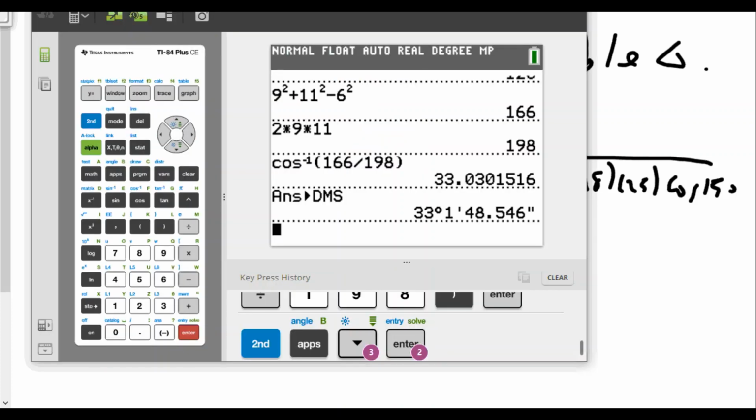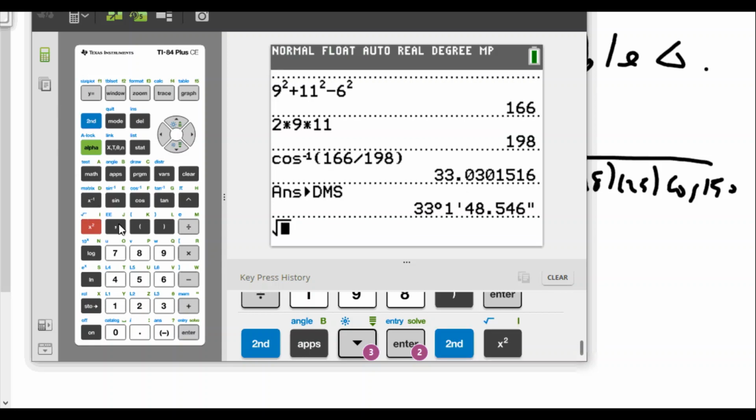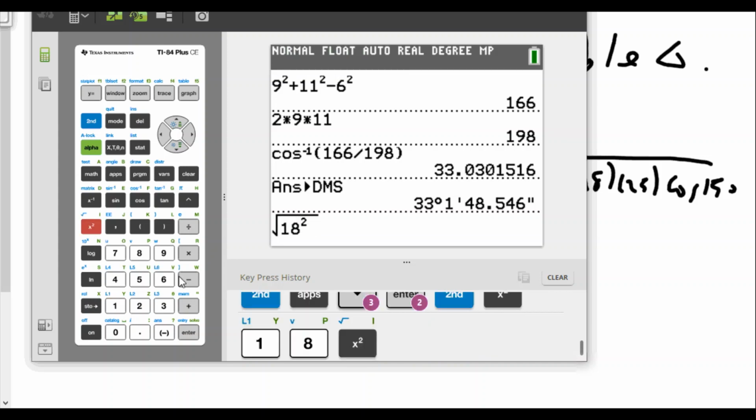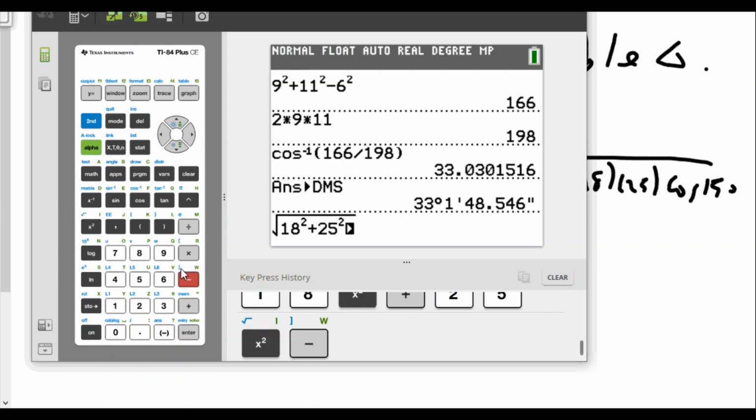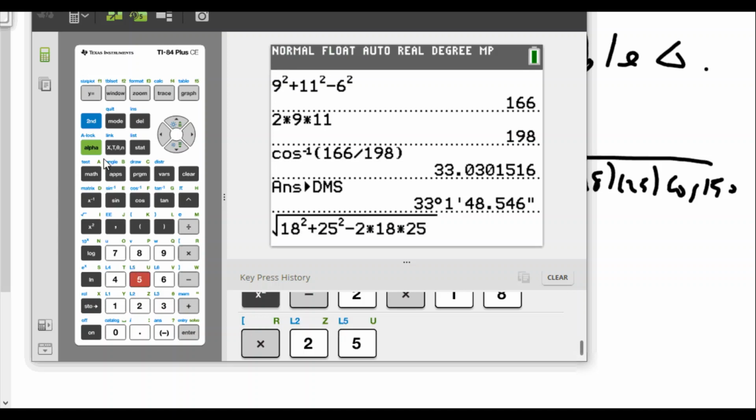So it's going to be the square root of 18 squared plus 25 squared minus 2 times 18 times 25 times the cosine of 150 degrees.